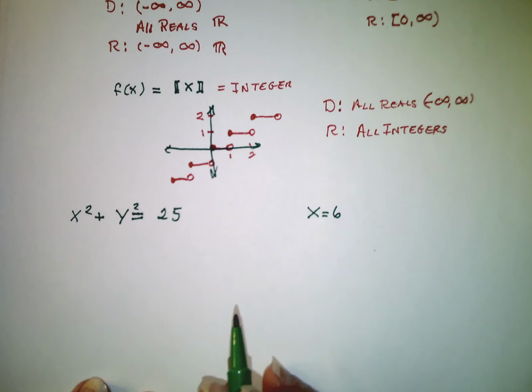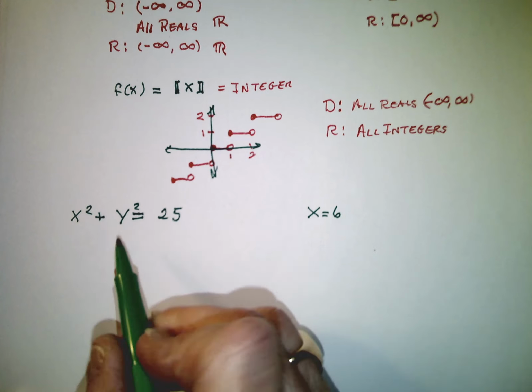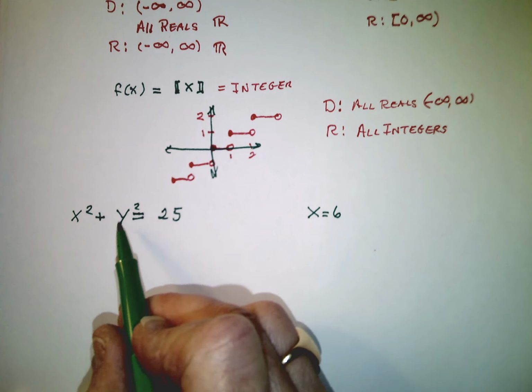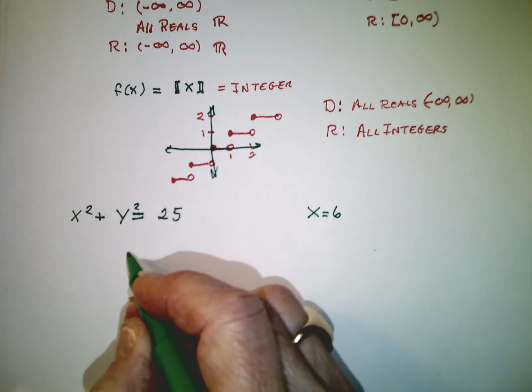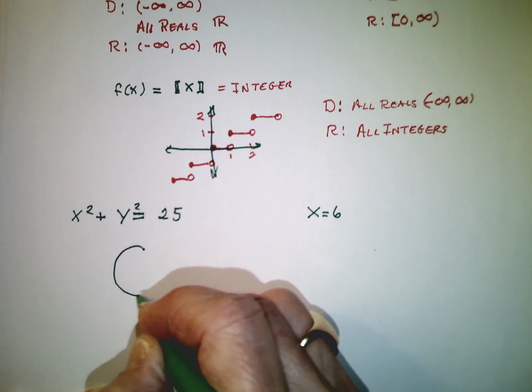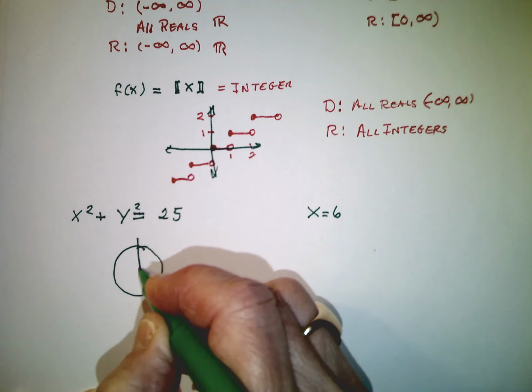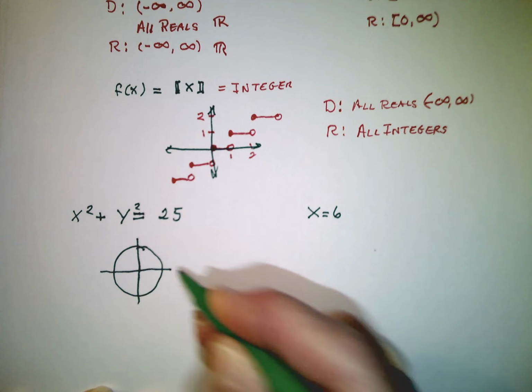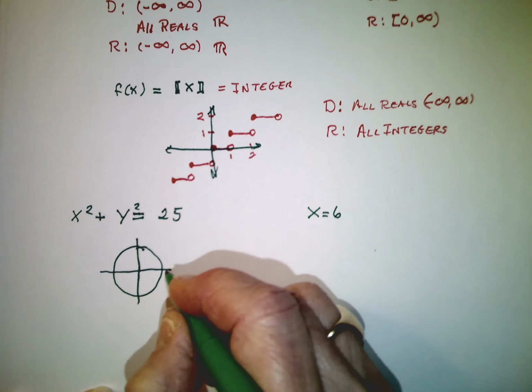Even relations that aren't functions still have a domain and range. We'll get familiar with equations like this soon. This is actually the graph of a circle centered at the origin with a radius of 5.